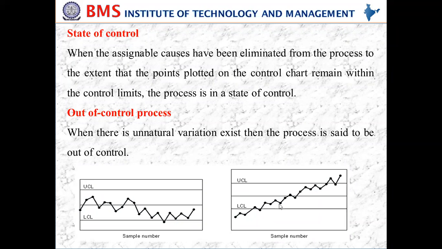Even if it is present only from here to here, the process is under control, but because of the pattern existing in the control chart, which is a trend pattern, trend meaning either increase or decrease, here an increasing trend, we can say the process may go out of control in further collection of data.